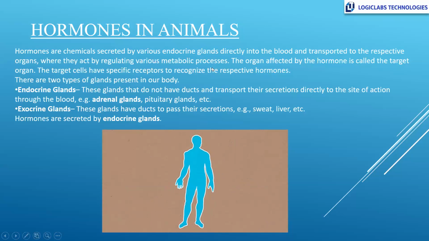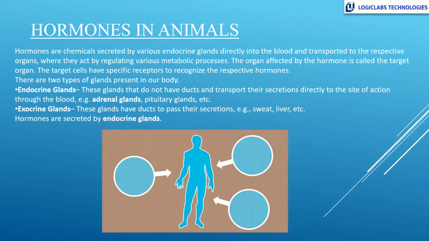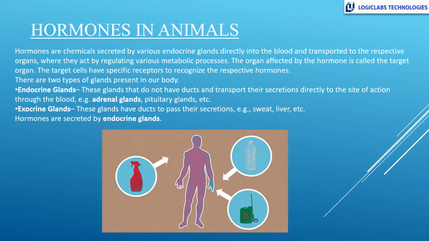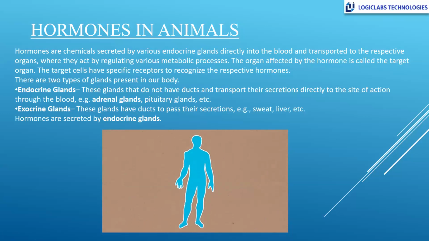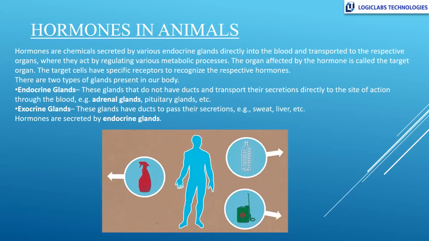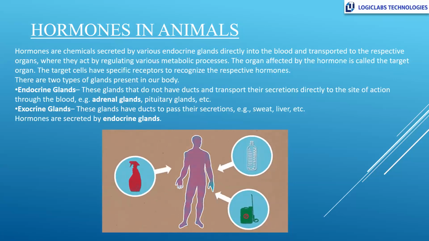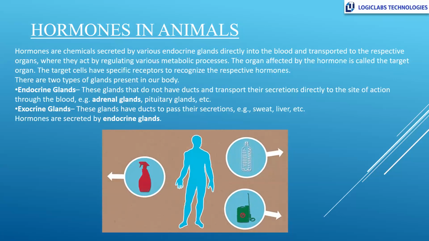The organs cannot receive just any hormones they want; each organ has its own specific hormones. So the target cells have these specific receptors, and then they recognize the respective hormones.